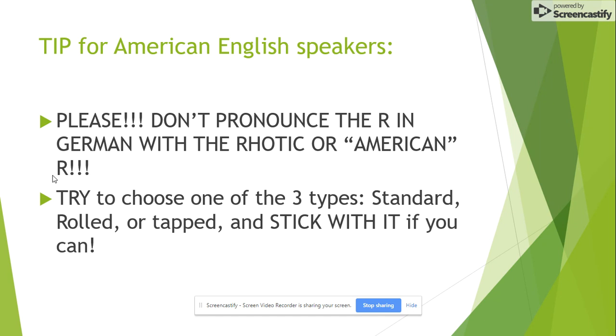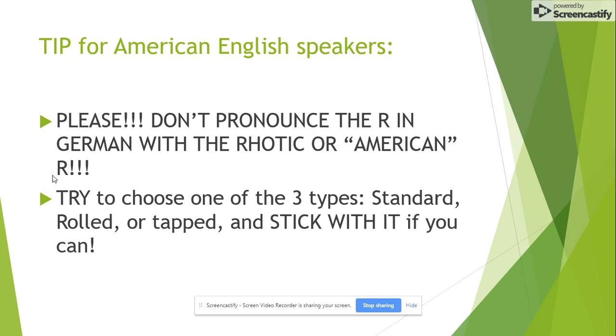The rolled R would be easier for them because they already roll the R in Spanish. And students who speak Russian, the rolled R would be easier. And it's just unfortunate that in a lot of classes, the German teachers don't really mention the fact that there is a different way to pronounce the R in German. It doesn't have to be just that French guttural R.